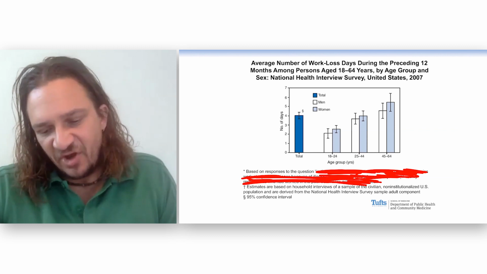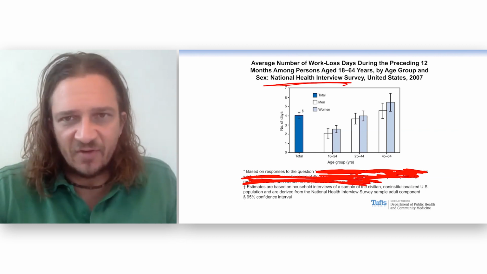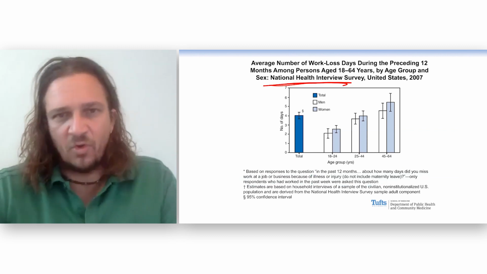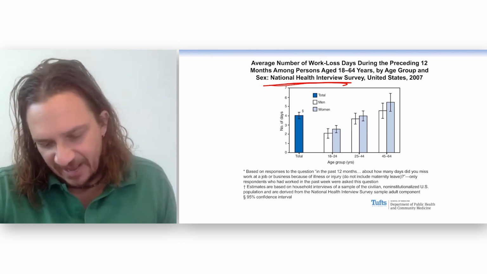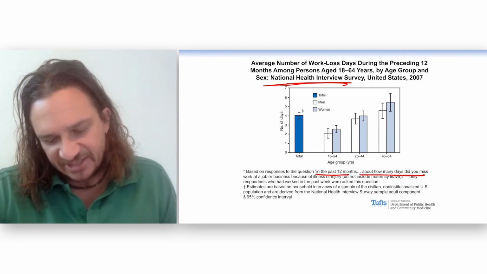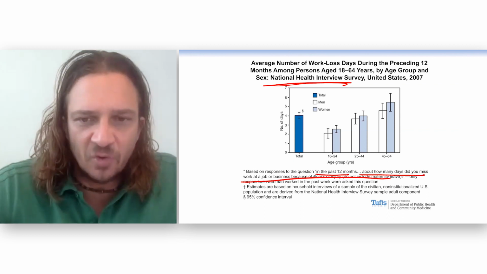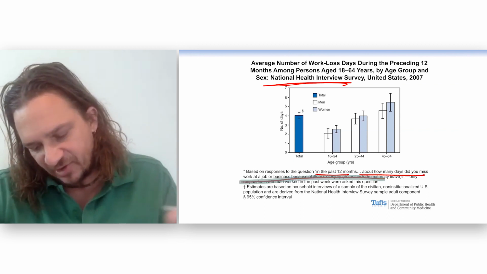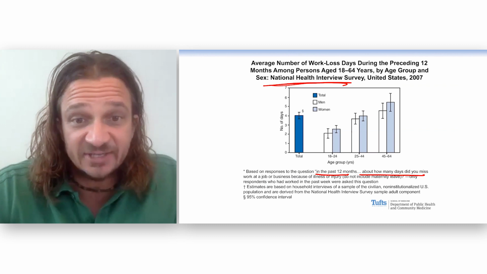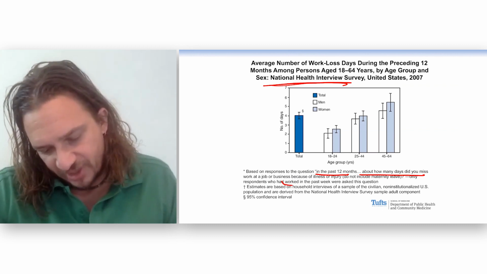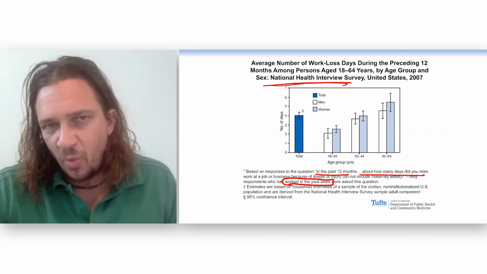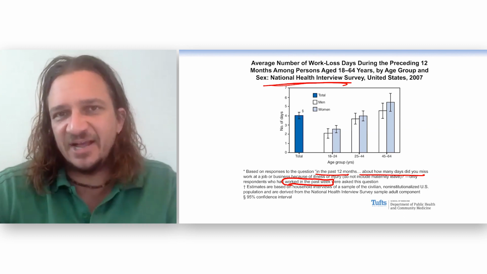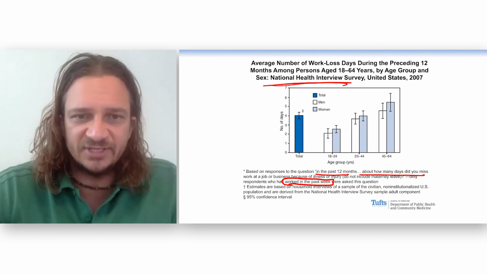Well, this comes from a very large survey, the National Health Interview Survey. And to them, a work loss day is defined as this. In the past 12 months, how many days did you miss work because of illness or injury? Do not include maternity leave. And it's only asked among people who had worked in the past week. So you want to always look closely about the details of the question and the sample and so on.